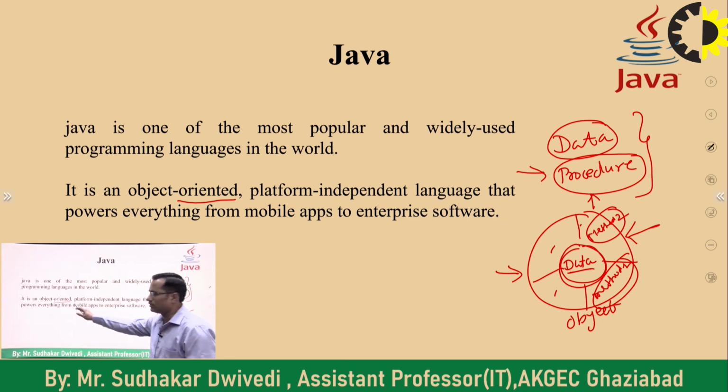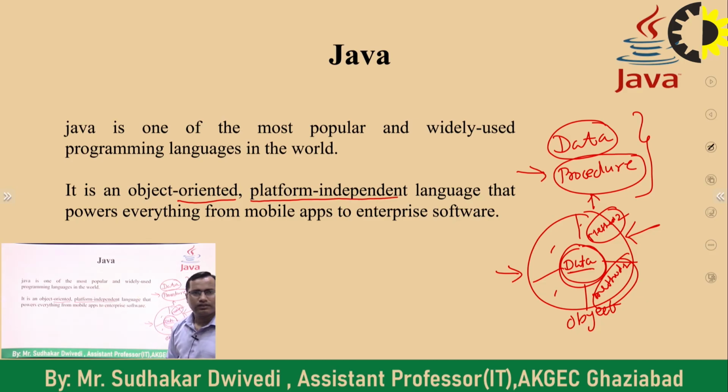And the object-oriented approach provides a lot of features so that we can create programs very easily using this programming language. One of the important features is platform independence. That means we can write the code on one platform and execute it on any platform.